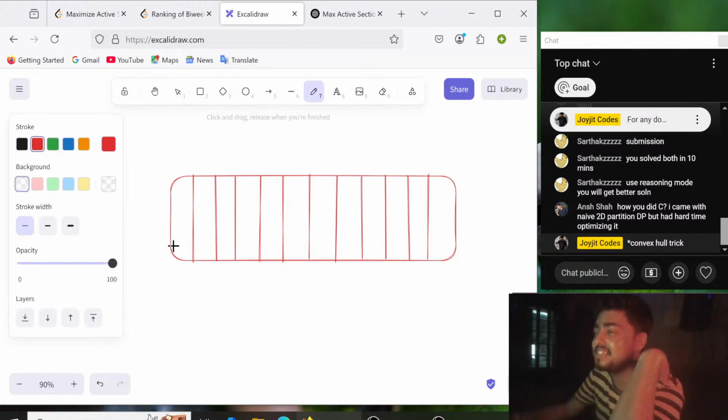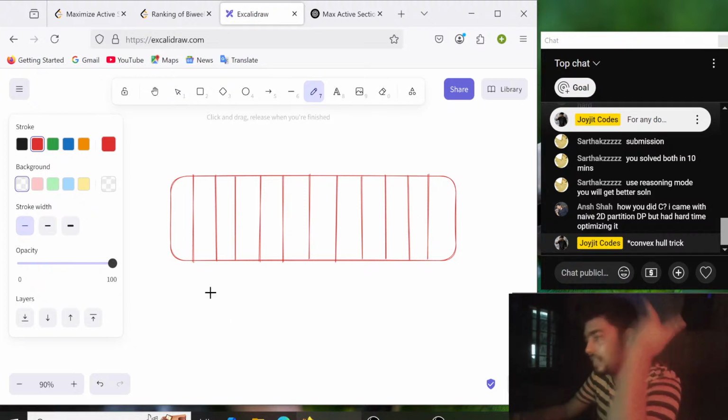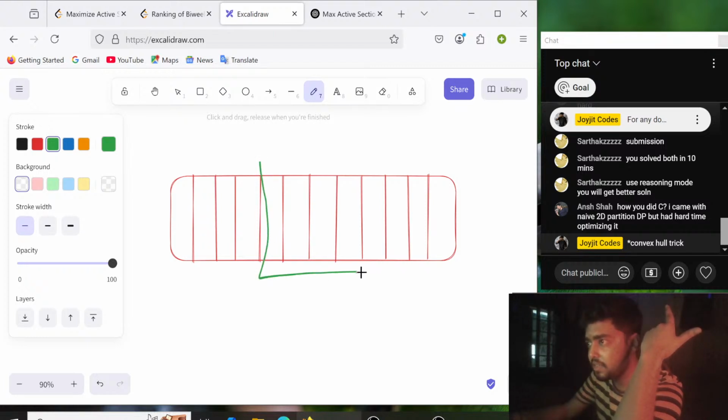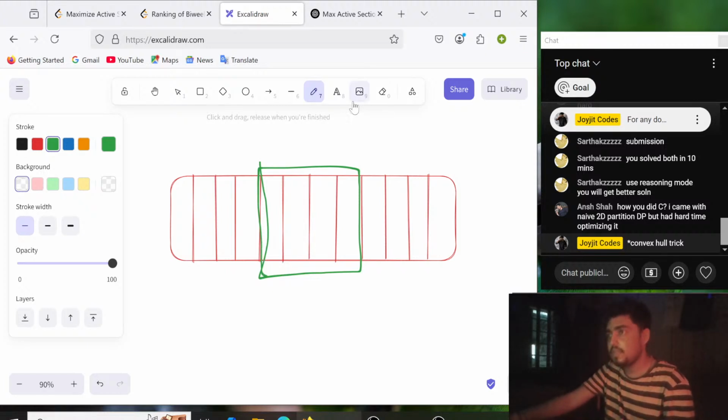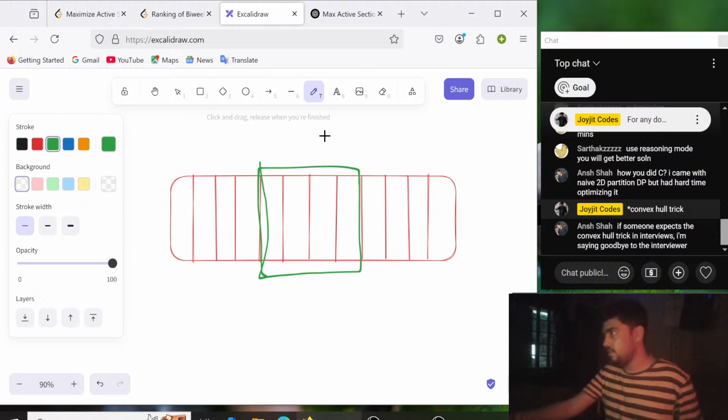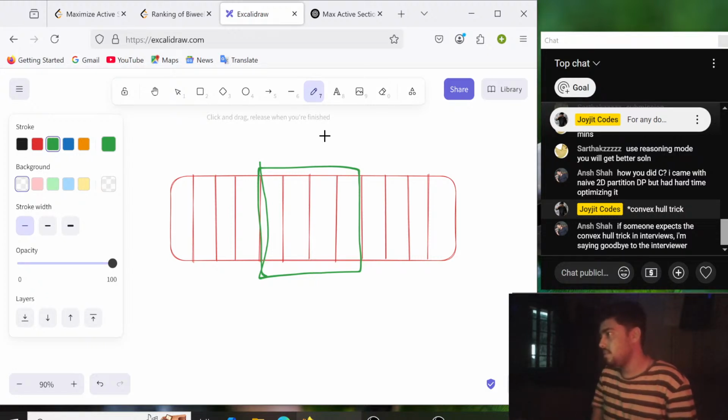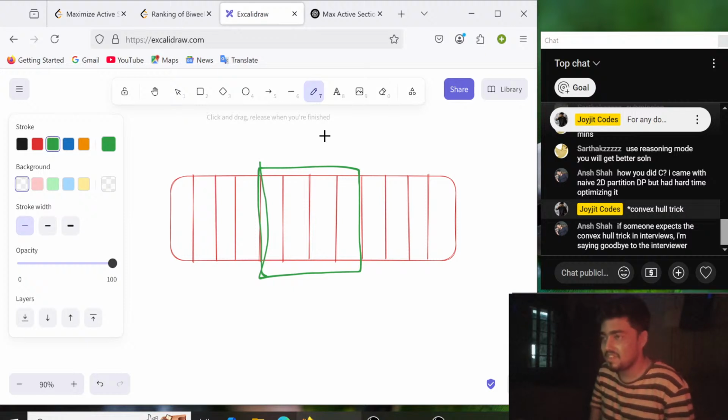Excalibur glitch. No, no one is going to expect that. It's nothing that much expected.